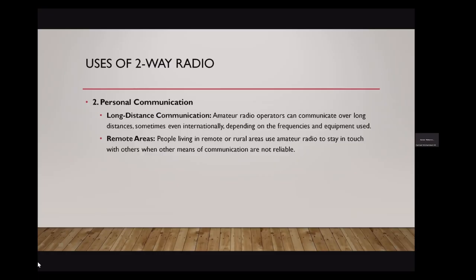We can also use two-way radio in remote areas. So people living in remote or rural areas use amateur radio to stay in touch with others when other means of communication are not reliable. Like, for instance, we don't have cell tower signals and so on. You can still use your two-way radio there.